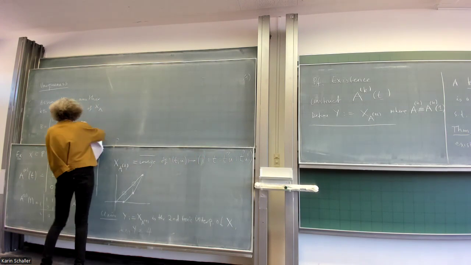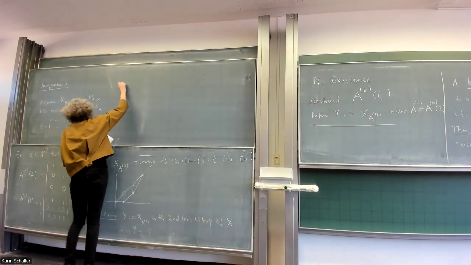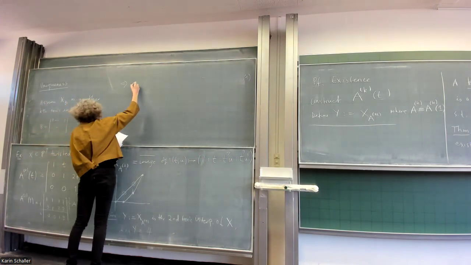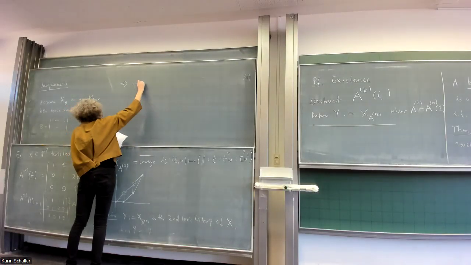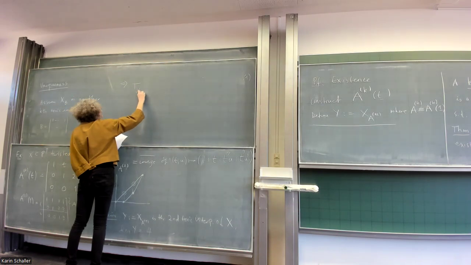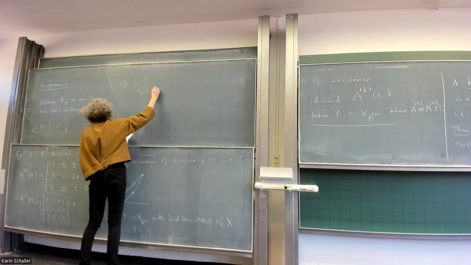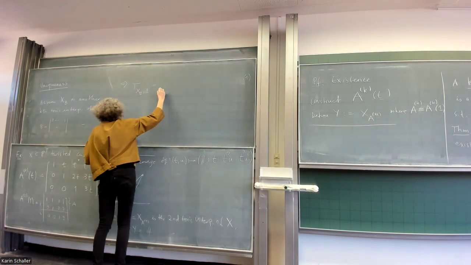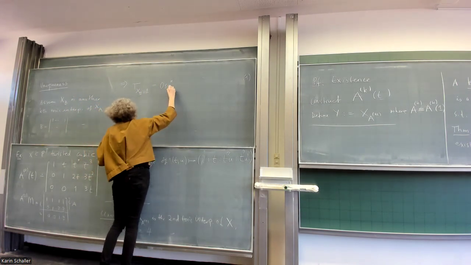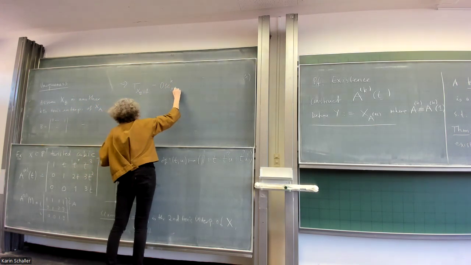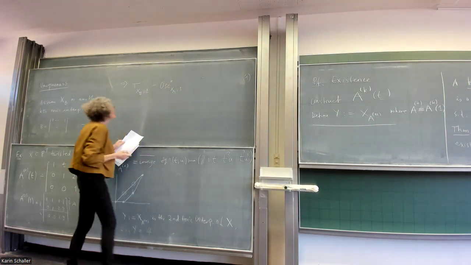Maybe I should say, this just implies that this is what you need to show, that the tangent space to X_B at 1 is the same as the osculating space to X_A at 1.